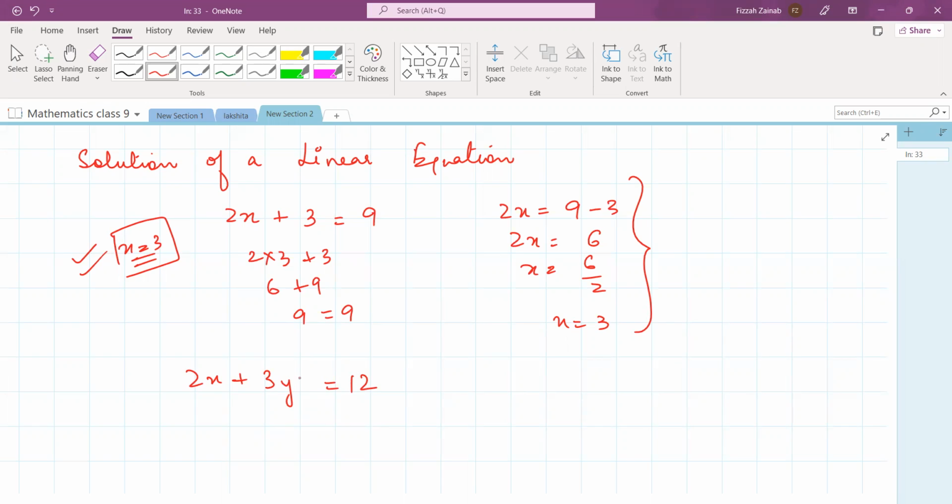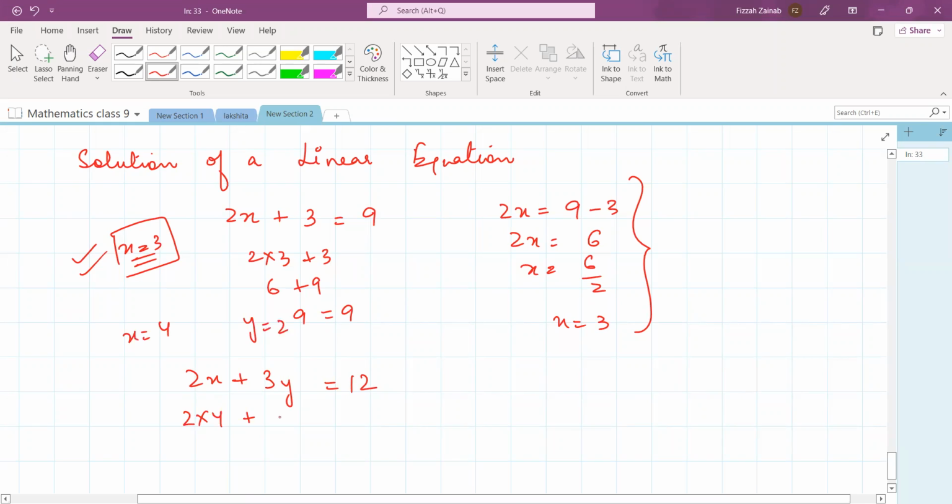So I think 2 into 4 is 8, and then 8 plus 6 can give me 12, right? So if I take, let's say, x is equal to 4, it will be 2 into 4 plus, if I take y is equal to 2, 3 into 2. So what will I get? 8 plus 6, and that is equal to 12.